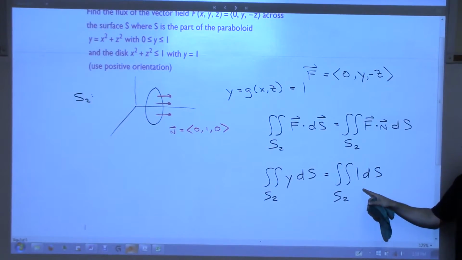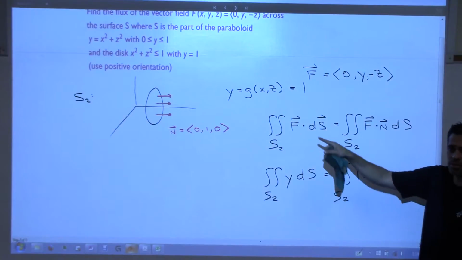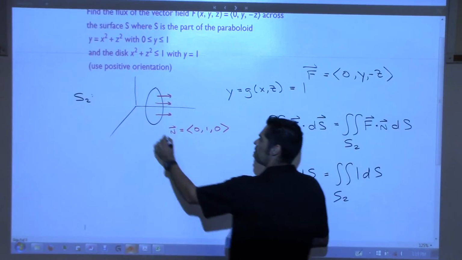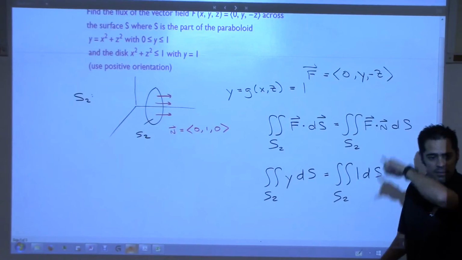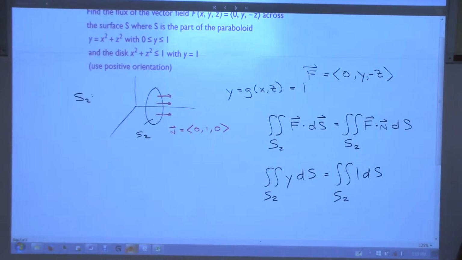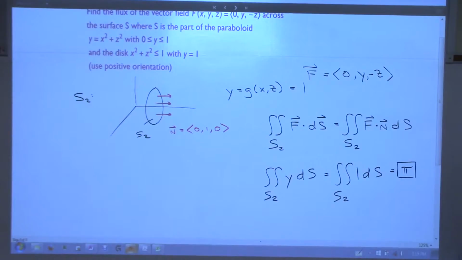This is the area of S2. That's what this represents. And S2 is a circle, right? And what is its radius? 1. So it should be pi r squared. So this should just be pi. With no work. You see that? With no work at all.